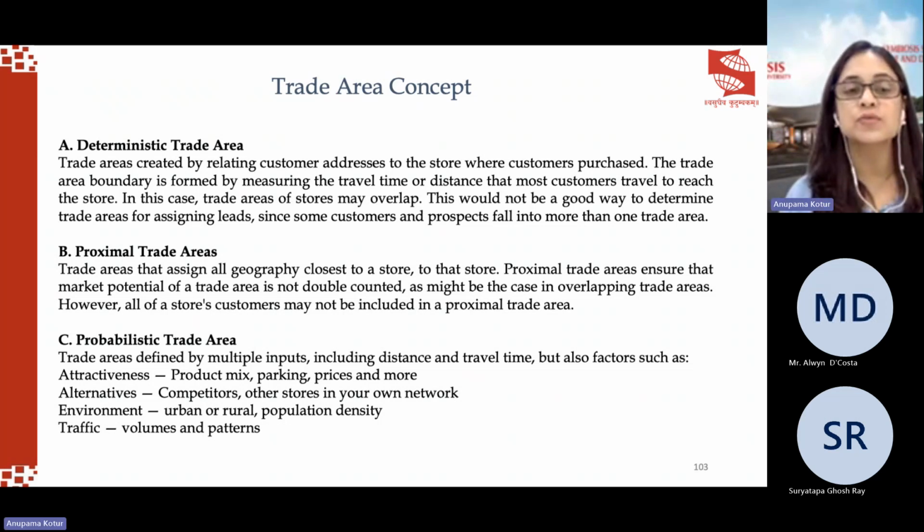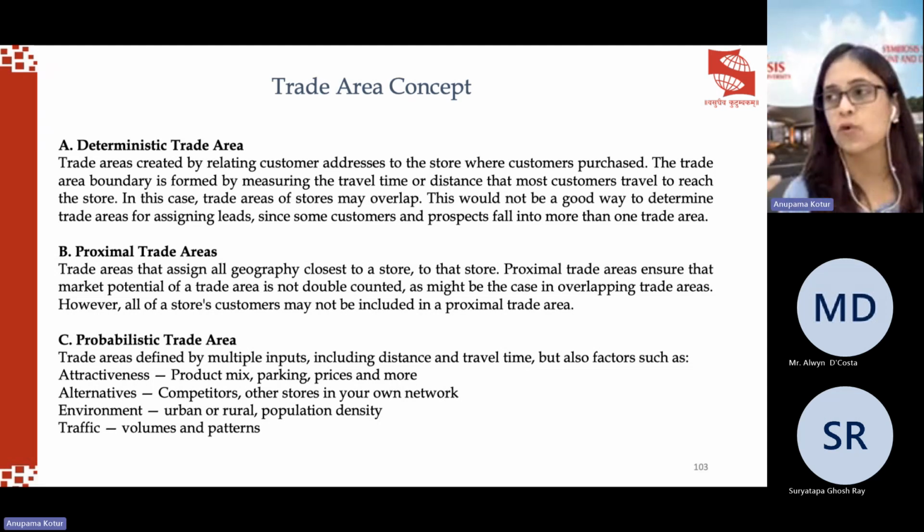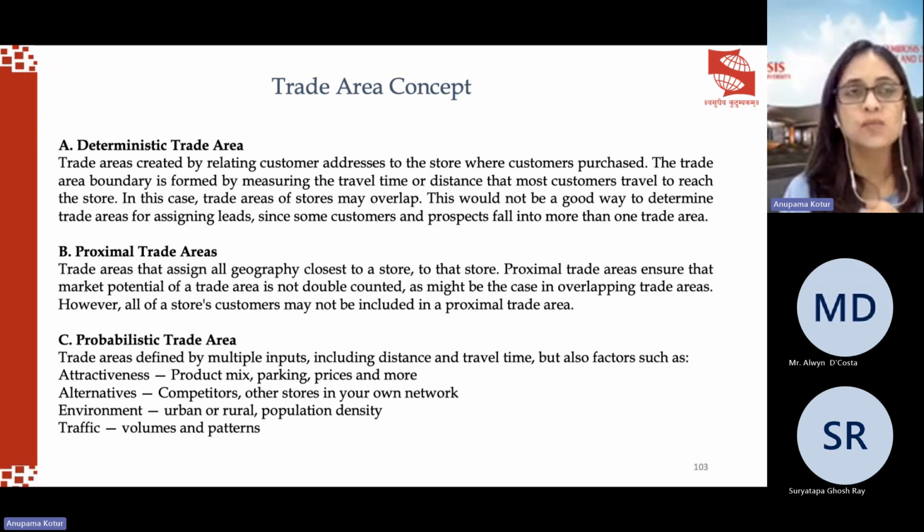Now, why is it necessary to determine the proximal trade area? Especially in the case of franchising, this becomes very important. For example, McDonald's operates on a franchising model. Anybody is free to take their franchising license and then open a McDonald's. But what happens if there are McDonald's, let's say, just 100 meters from one another? It's, of course, cannibalizing each other's businesses.